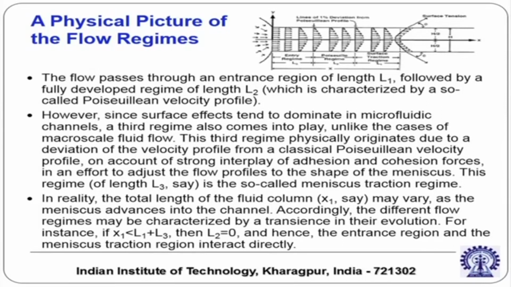Now, when we considered the drag force or the viscous force, we only considered the fully developed Poiseuille flow regime for evaluating the drag force in our calculations. But if you take into account the existence of these two additional regimes, then that will alter the drag force calculation.